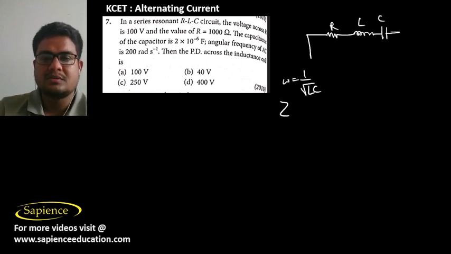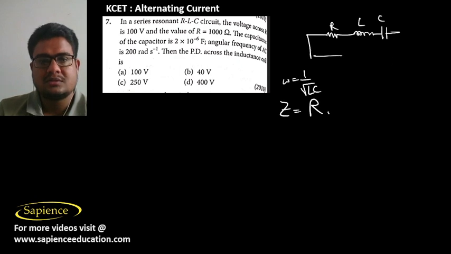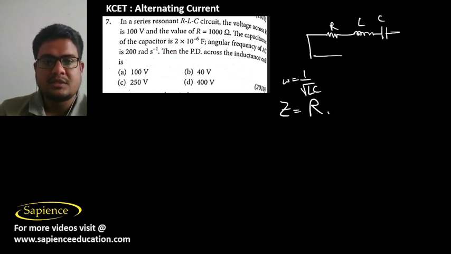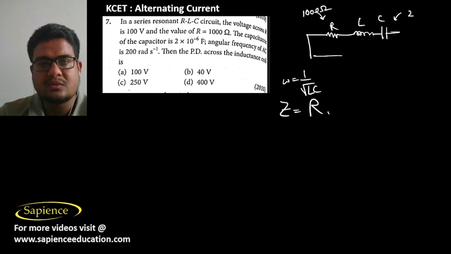It means the net impedance Z is equal to R. The voltage across the resistance is 100 volt. The resistance is 1000 ohm. The capacitor is 2 microfarad. This is the AC source.